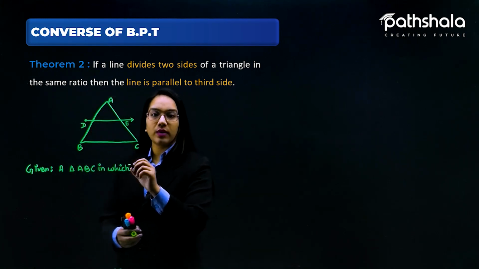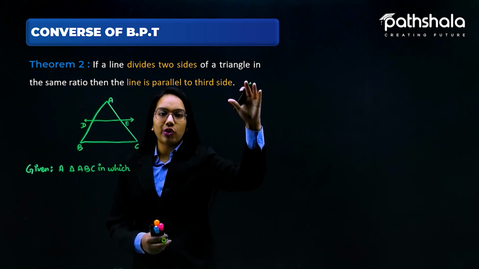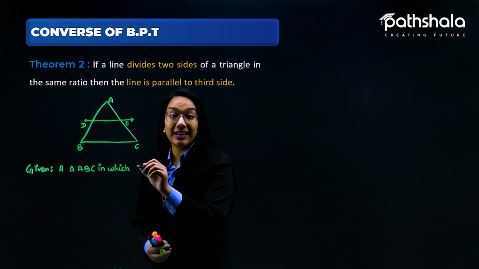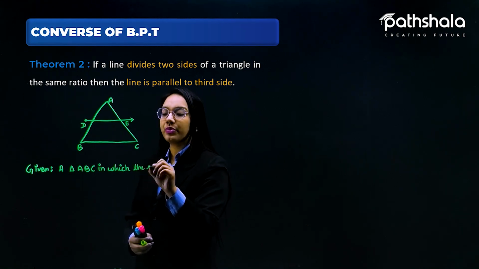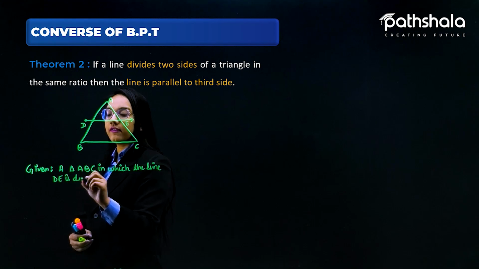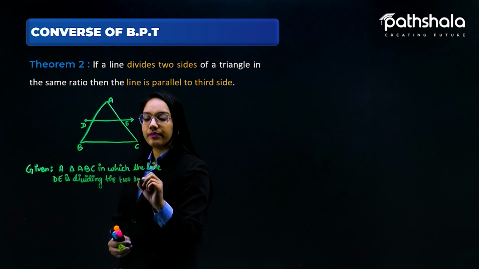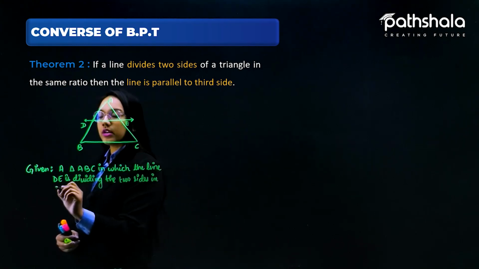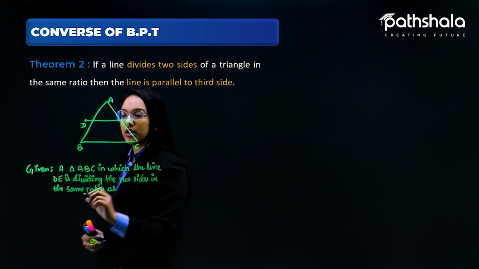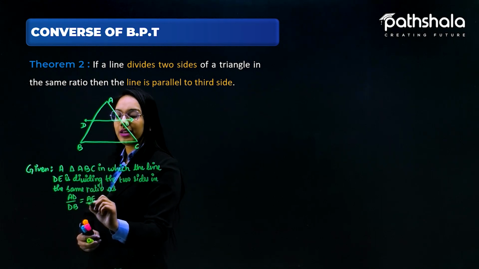As the theorem says, if a line divides two sides of a triangle in the same ratio, so in triangle ABC, the line DE is dividing the two sides in the same ratio as AD by DB is equal to AE by EC.